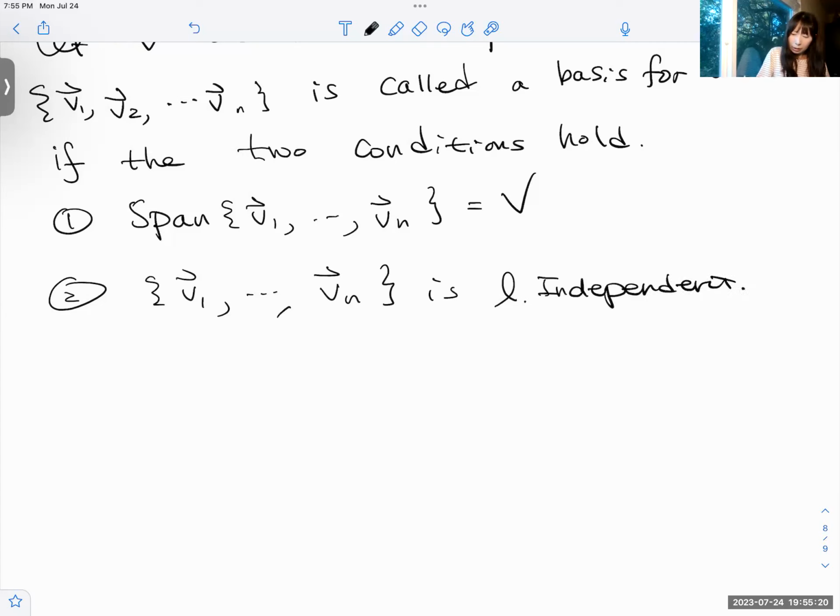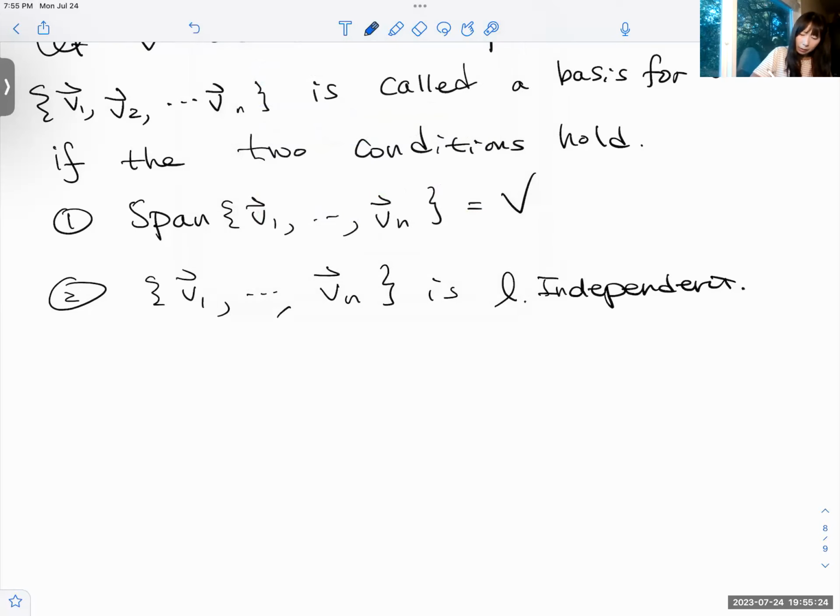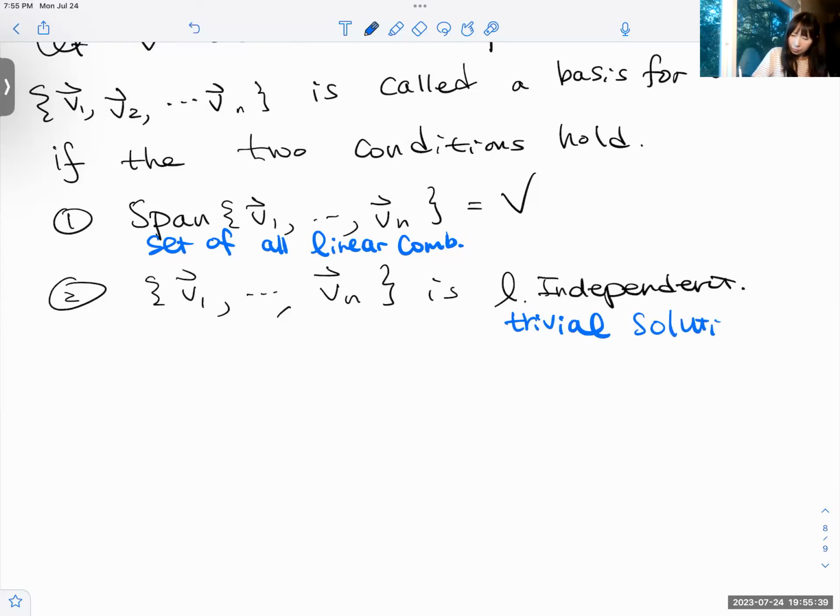So we knew that span is the set of all linear combinations, and linear independent means only the trivial solution.